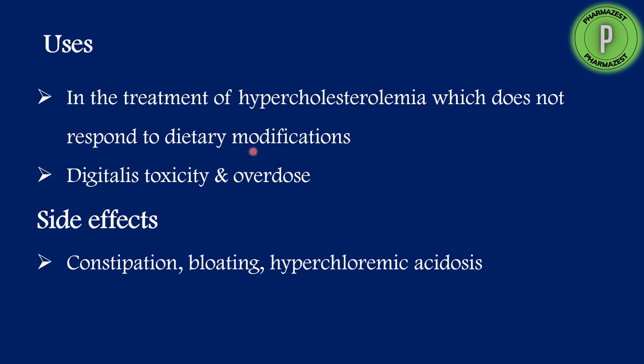But in this condition, even if you are reducing the fat intake, the lipid levels are not getting reduced. In those conditions we use these bile acid sequestrants. They reduce the cholesterol levels by binding with the bile acids, and they are also used in digitalis toxicity and overdose.